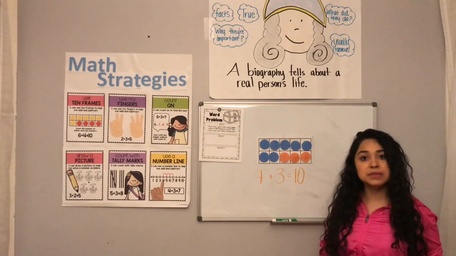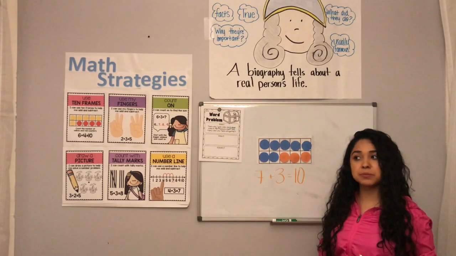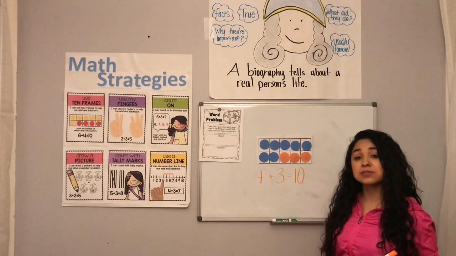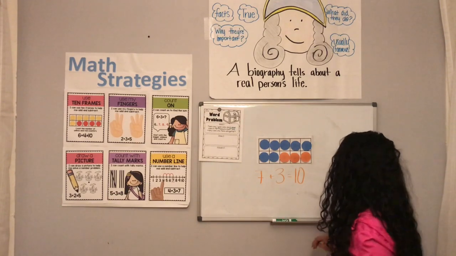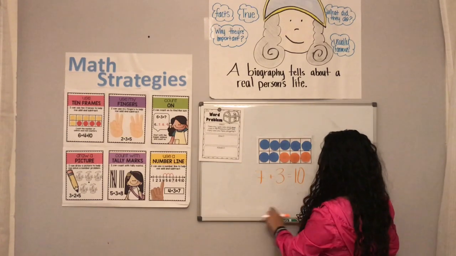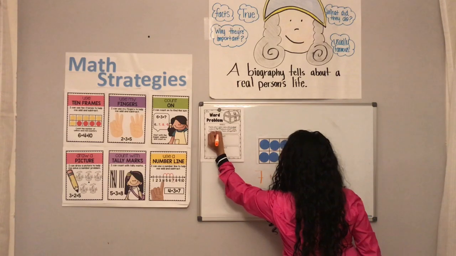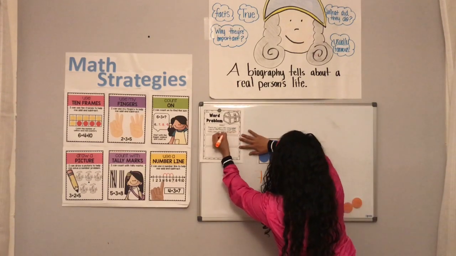But one thing I didn't see on people's problems was answering the word problem with a whole sentence. So the next thing you're going to do is say how many there are all together, because that is what the question asked. It said, how many coins are there all together?